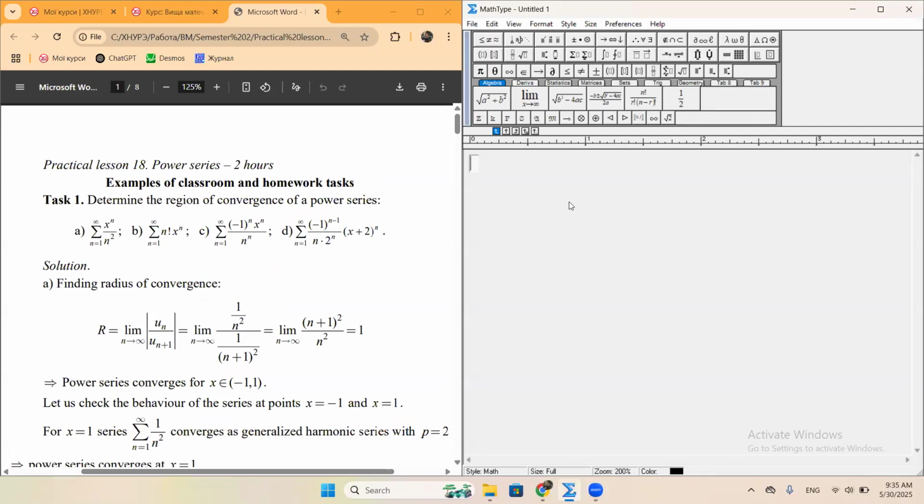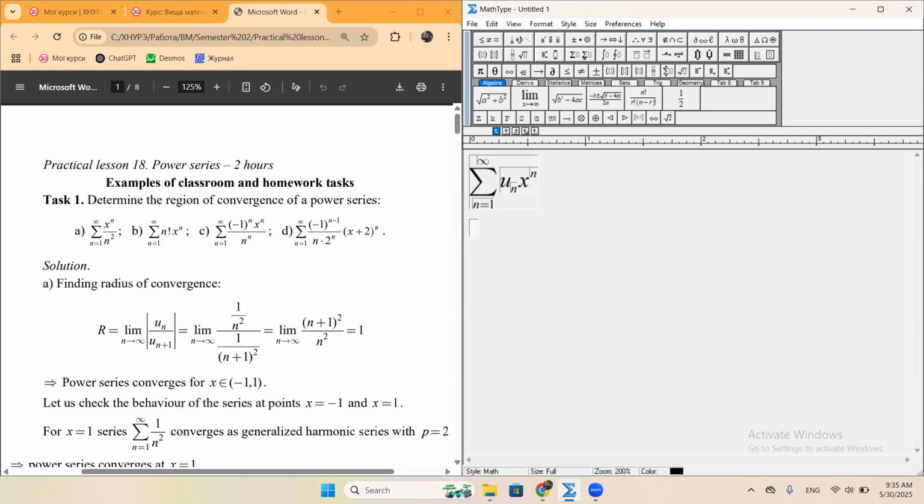In the previous lesson we were solving tasks with numeric series, and today we will work with power series that look like this: coefficients un multiplied by x in power of n. This is the generic form of a power series.